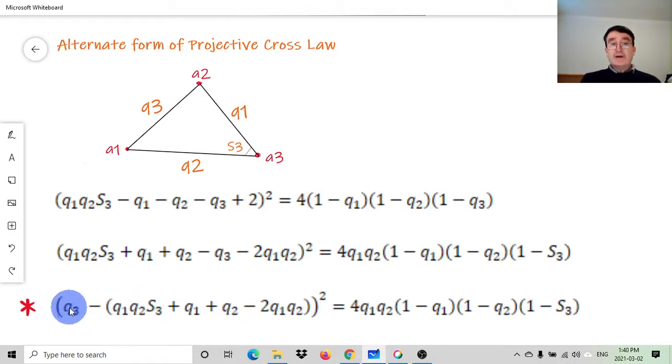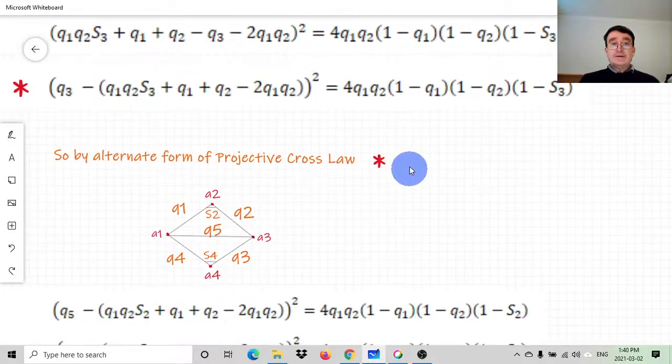So here we have Q3 minus something, all squared, equals something not involving Q3. So that's the first step in coming up with the projective double cross law: we need to use the alternate form of the projective cross law.